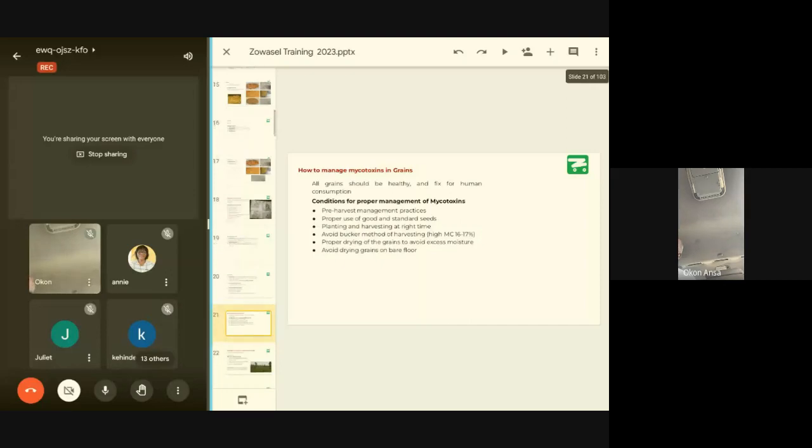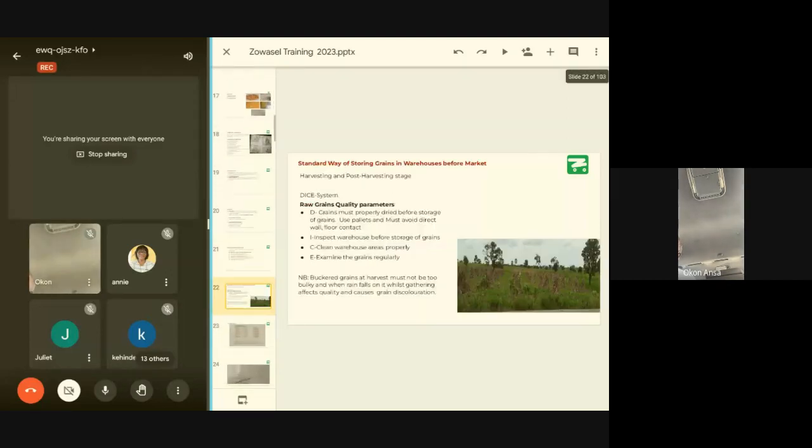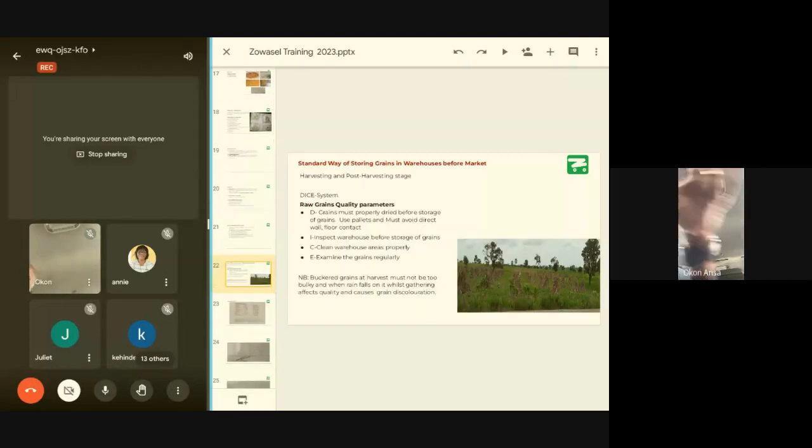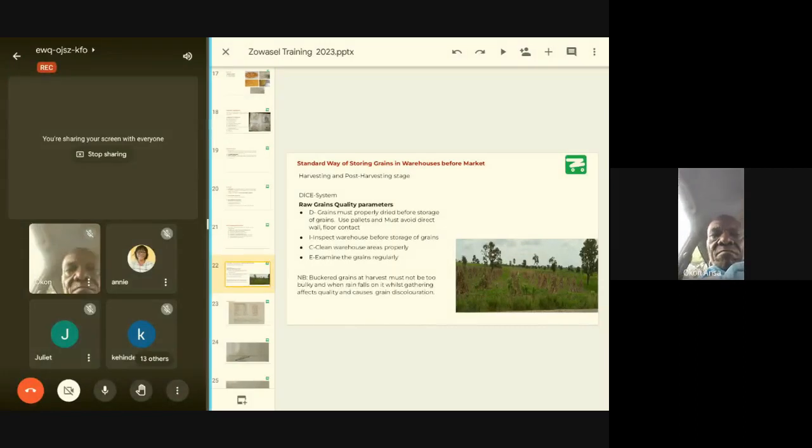Because of time, let me just jump to this. When we are sourcing and we probably want to keep those grains for a period of time before taking them to the market, it's important to ensure that the grains are properly dried before storage.